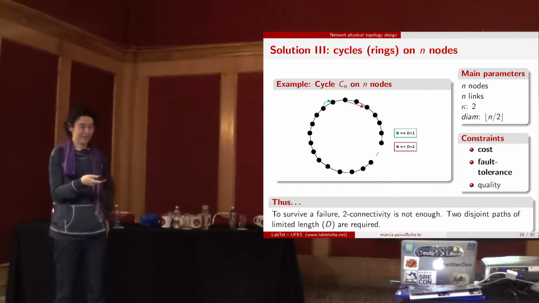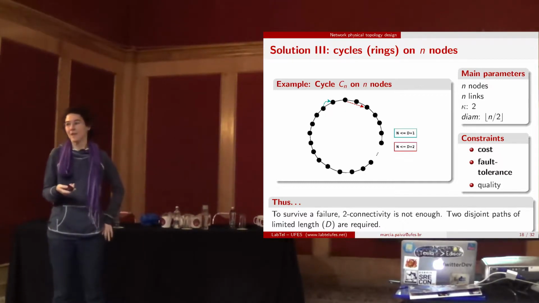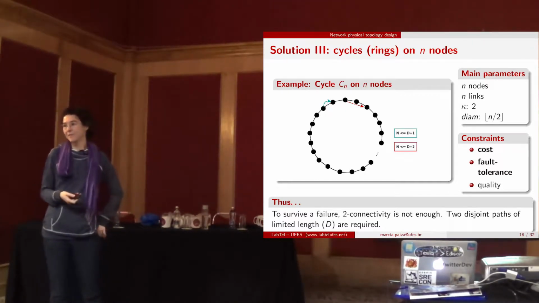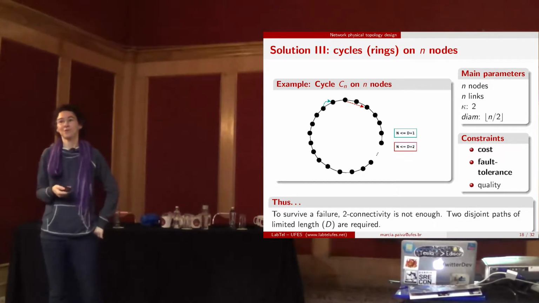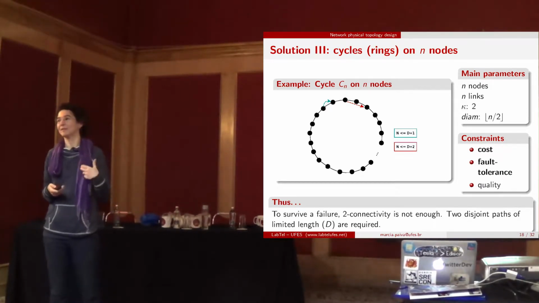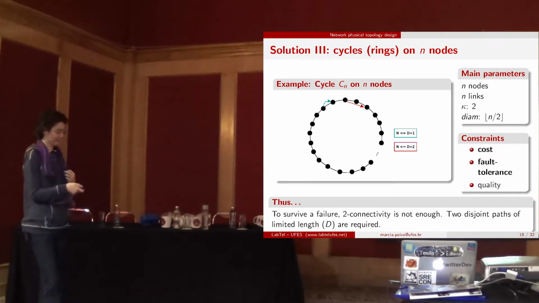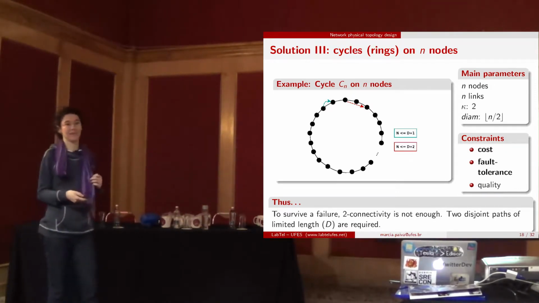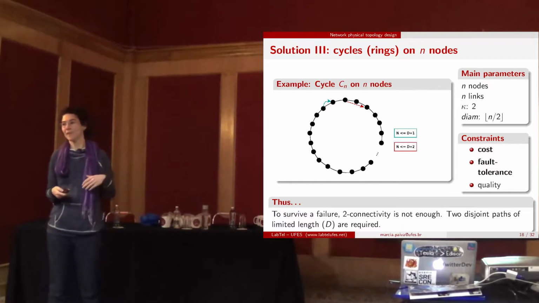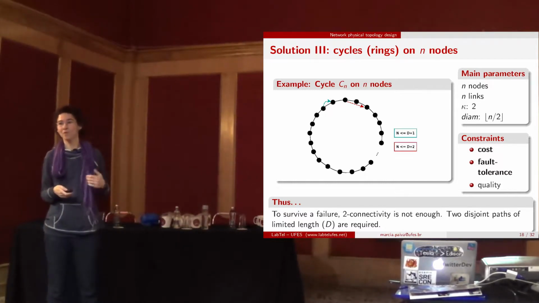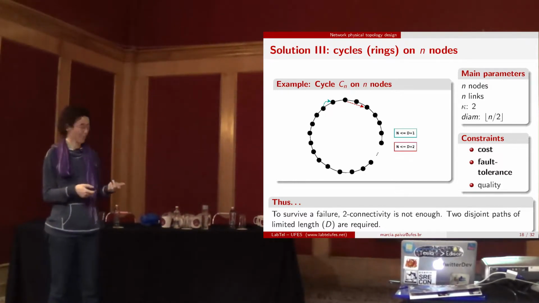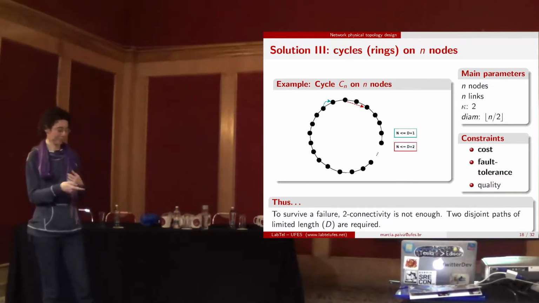And that means the network must have two paths of limited length. I use this D here for this limit. So in this way, if after a failure, we can still reach any node within D links.